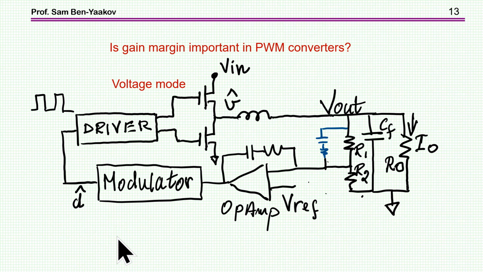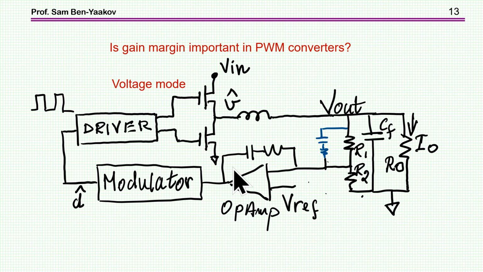Let's just take an example. Suppose you have a 0.1 change in the duty cycle. The average voltage here will change by 0.1 times Vin. So if you change Vin, you'll get a larger signal, meaning that you actually increase the loop gain.